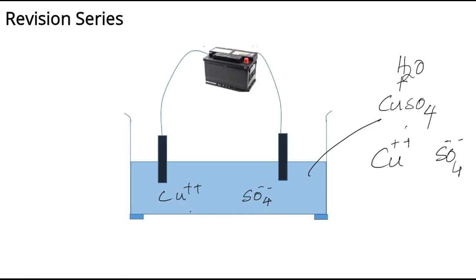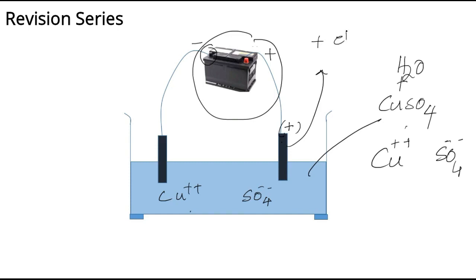Now look at this battery part of it. Since it's red color, it's a positive terminal. This is a negative terminal. So the positive terminal has gone to this metal rod, so this becomes a positive electrode. And this, since it is connected to the negative terminal, becomes a negative electrode.